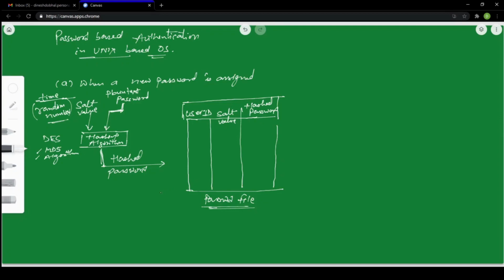When a particular user wants to log in into the system, the user will supply his or her user ID. That user ID is used to index his or her entry into the password file.